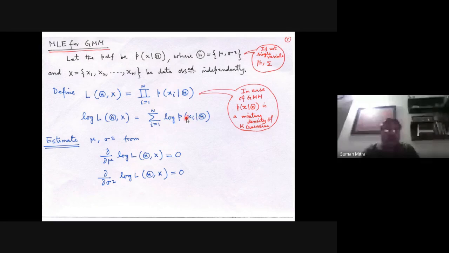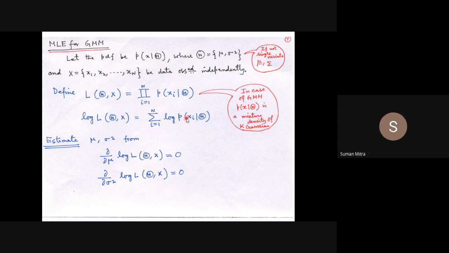Those who have pen and pencil, write it down. The log likelihood is summation i equal to 1 to n of log of 1 by root over 2 pi into sigma, then e to the power minus half, x minus mu divided by sigma, whole square.